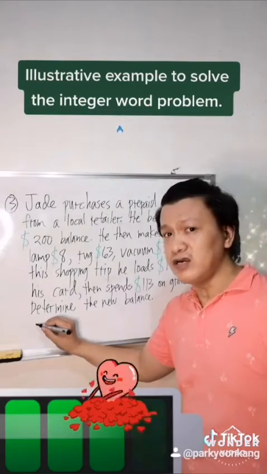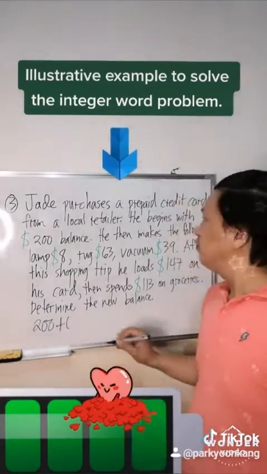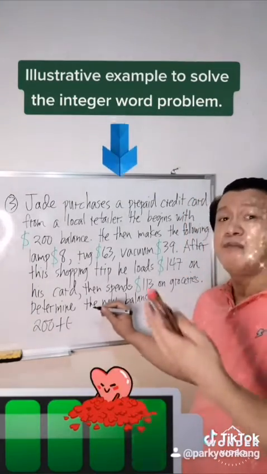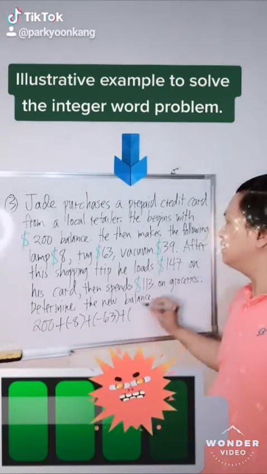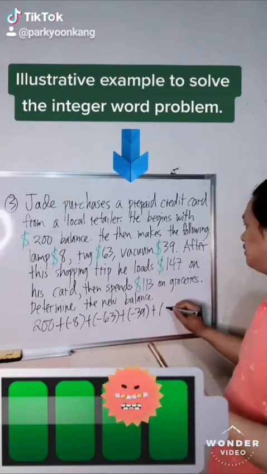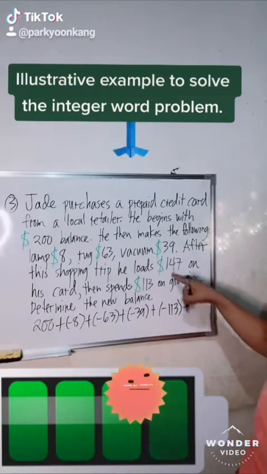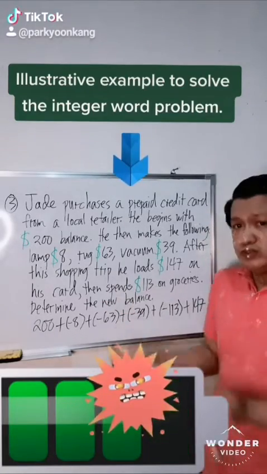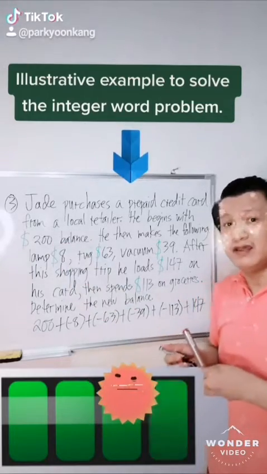Just simply write the $200. This is the start, or this is the balance. So we have 200 plus, these are the amounts spent. We have the negative, meaning the amount spent is simply negative. So negative 8 plus negative 63 plus negative 39 plus negative 113 plus 147. This is not negative because he loads, meaning this is another addition to the 200.